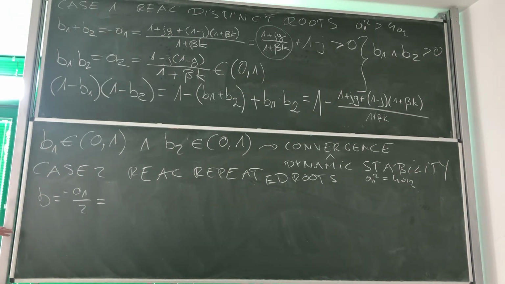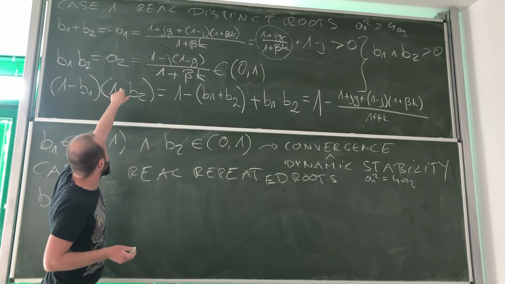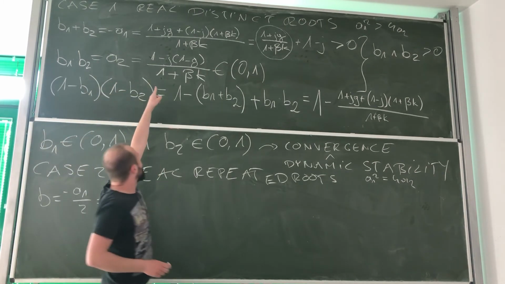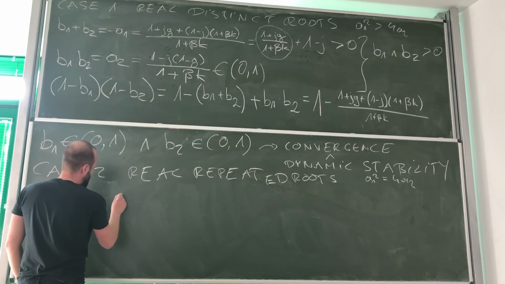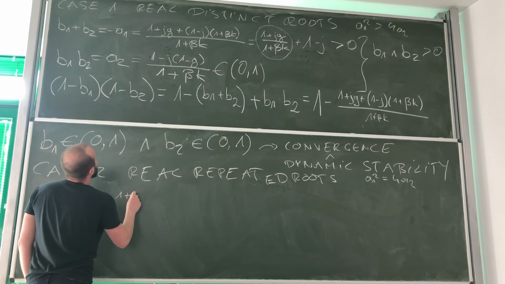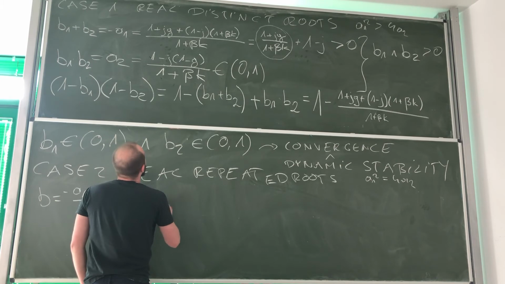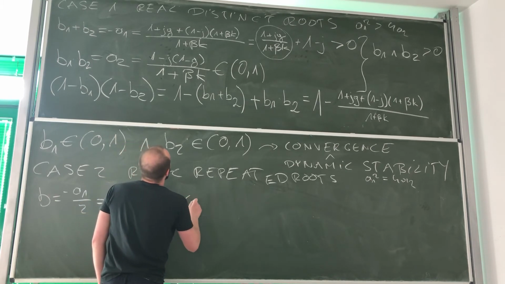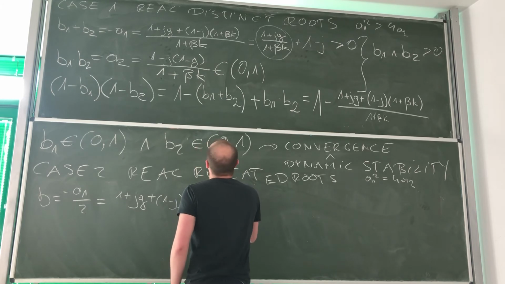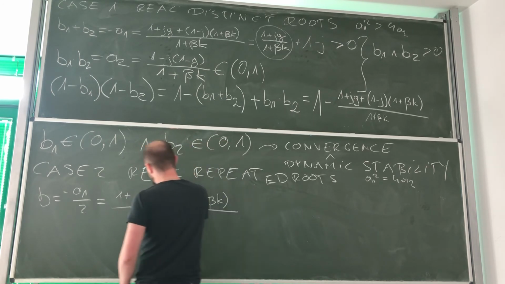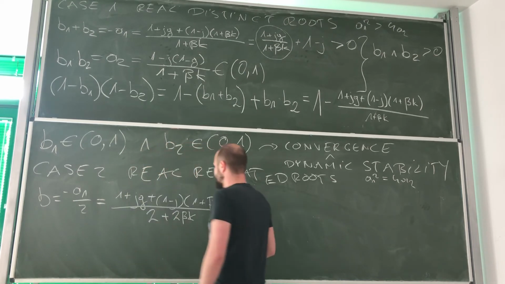In our case, we already had negative A1. All we need to do is to just multiply the denominator by 2. We get that this is 1 plus, divided by 2, not multiplied by 2, G plus I minus J, 1 plus beta K, over 2 plus 2 beta K's.